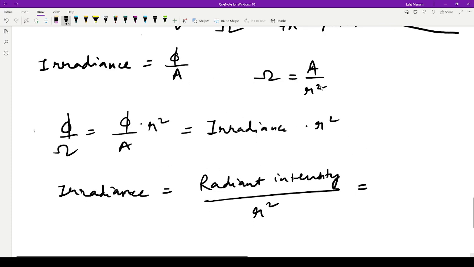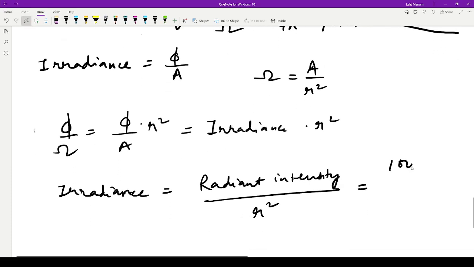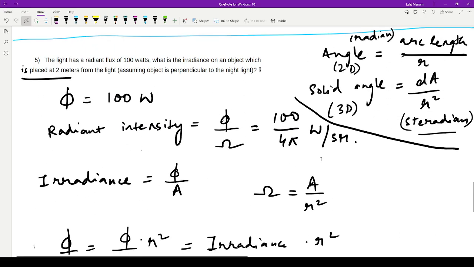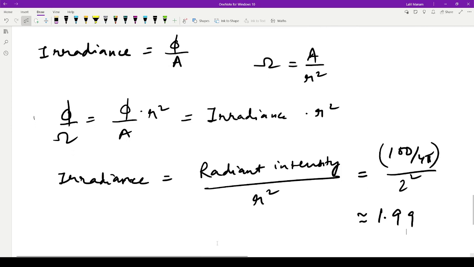So radiant intensity we have already calculated, 100 by 4 pi. And what is r for the question? 2 meters. So again, divide by 2 square. It turns out to be nearly, okay, how much? 1.99.